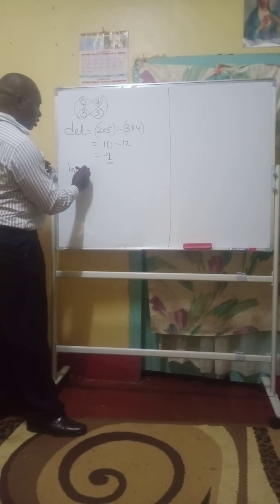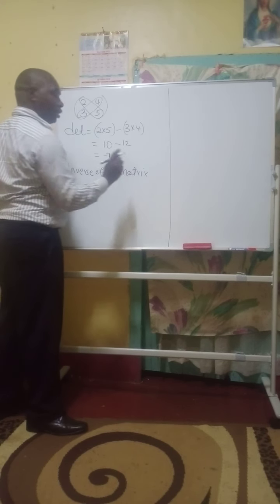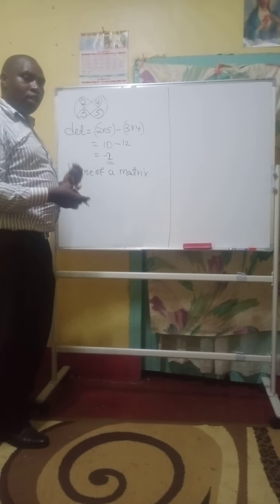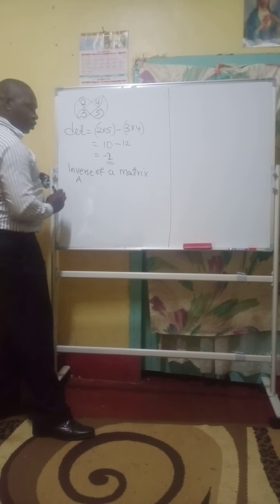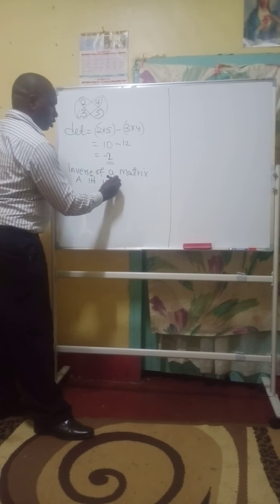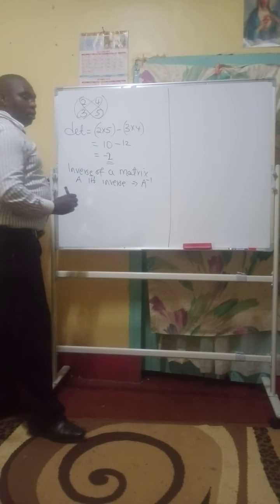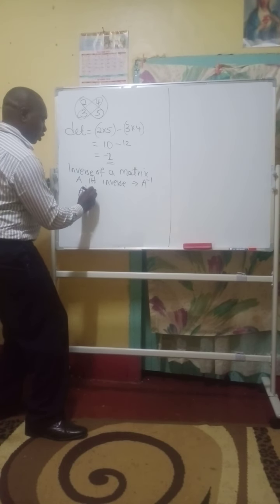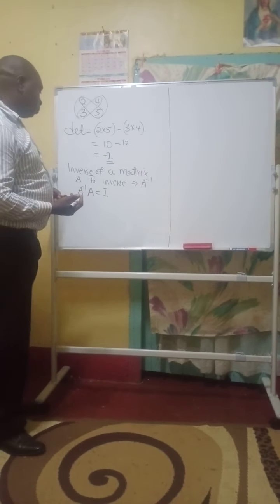The inverse of a matrix is basically that matrix which, when pre-multiplied with a given matrix, gives you the identity matrix, such that if you are given matrix A, its inverse will be A inverse, such that A inverse pre-multiplied by matrix A always gives us the identity matrix.